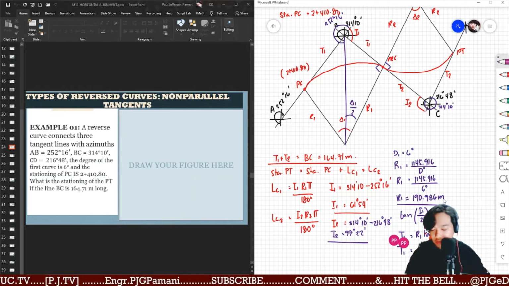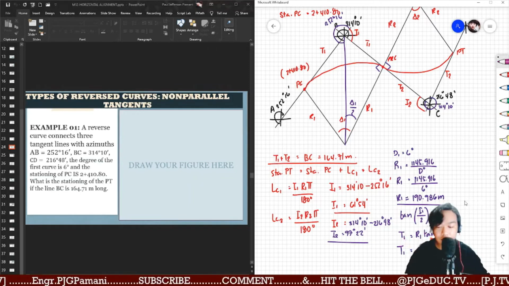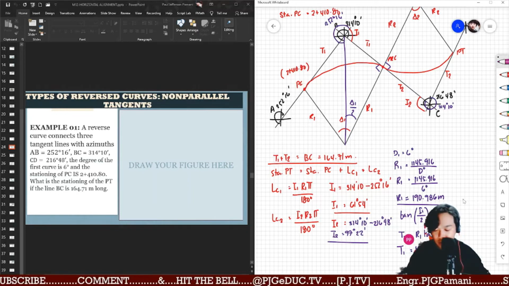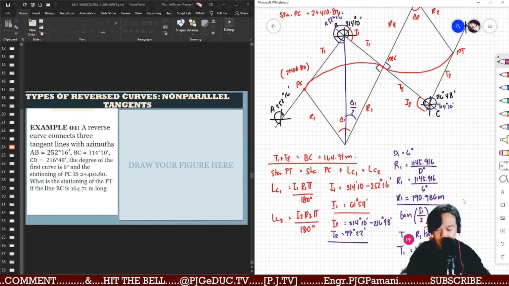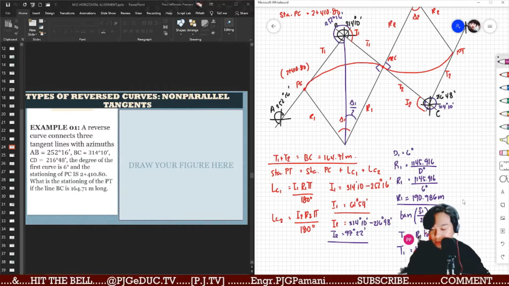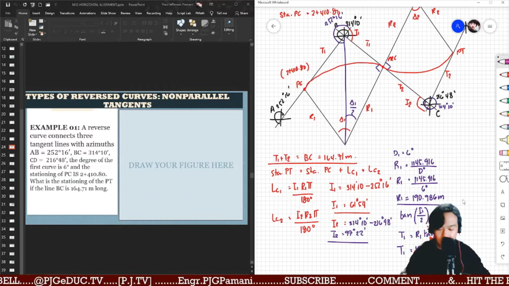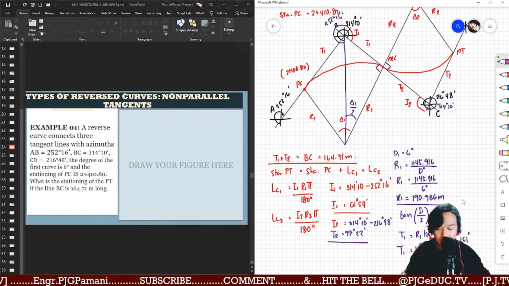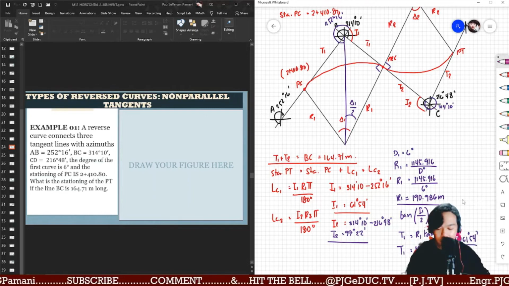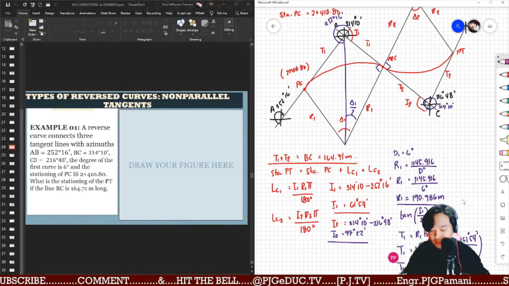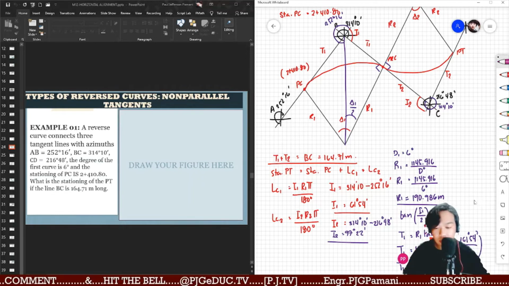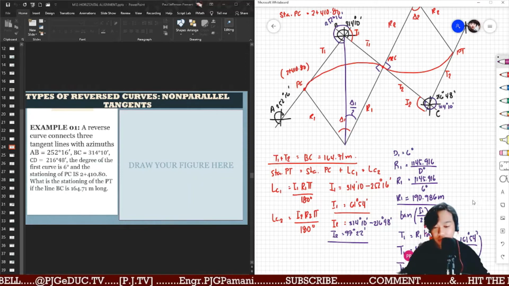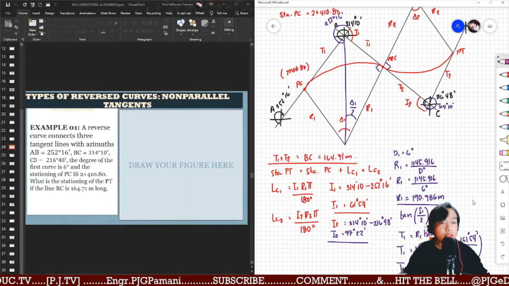Solving for the tangent distance of the first curve, R1 is 190.986 times tangent I1 of 61 degrees 54 minutes over 2, which gives us T1 equal to 114.529.